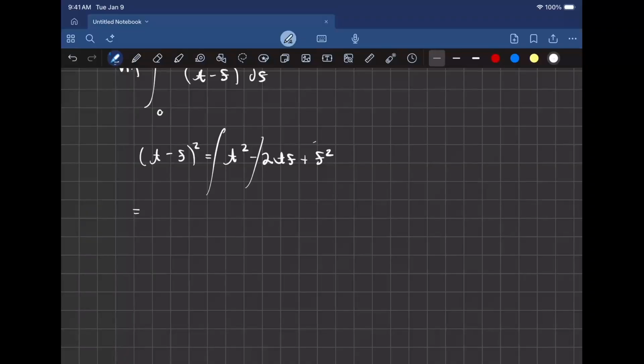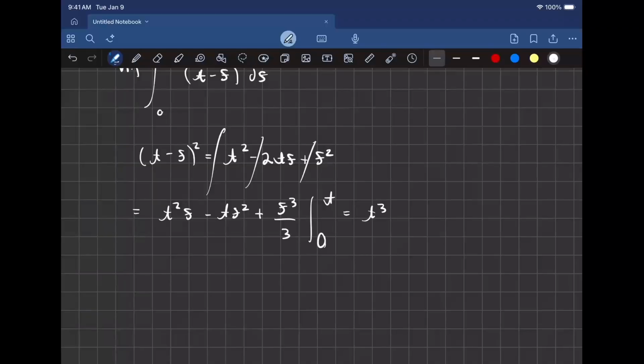So this whole integral then just becomes integrating these factors. We'd integrate all of these with respect to s, and let's be specific. We'll have t squared s minus ts squared plus s cubed over 3, from 0 to t.